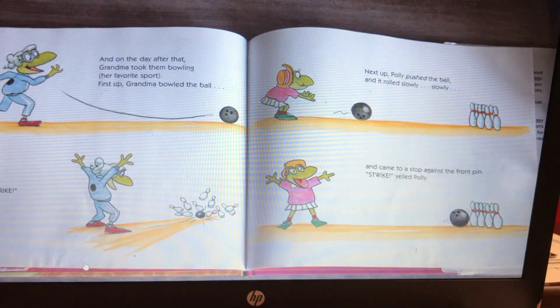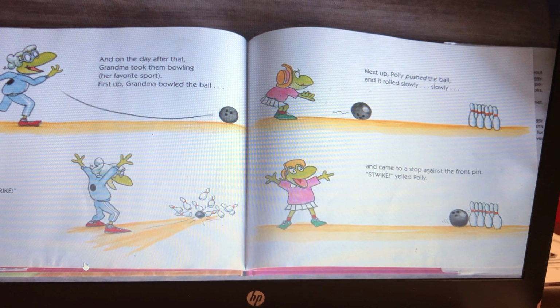And on the day after that, Grandma took them bowling, her favorite sport. First up, Grandma bowled the ball. Strike! Next up, Polly pushed the ball, and it rolled slowly, slowly, and came to a stop against the front pin. Strike! Yelled Polly.